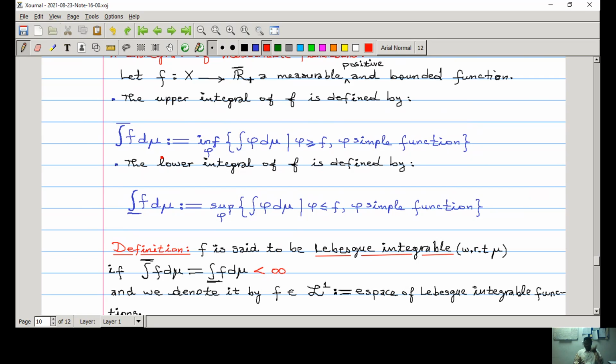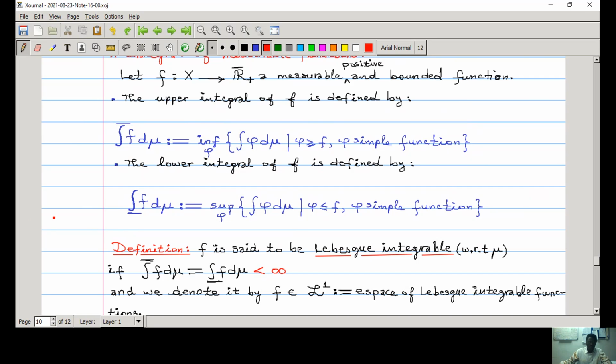That will converge towards the function. And then you approximate that integral by the limit of the integral of this increasing sequence of simple functions that converges to this measurable function, instead of using the supremum or the infimum.